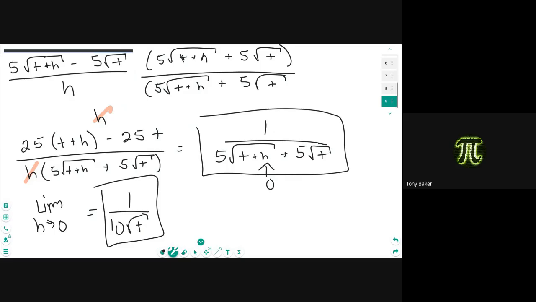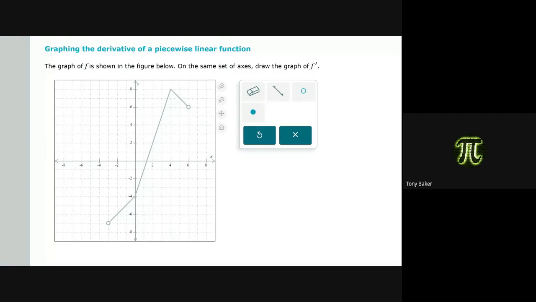All right. Let's do this. All right, let's get a little better understanding of what the slope is. So this topic, you actually have to graph things.